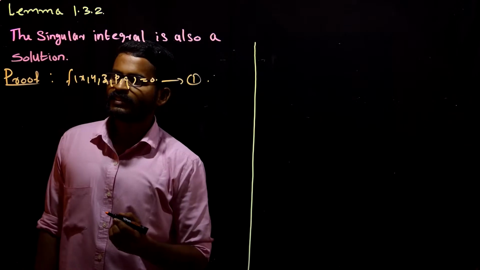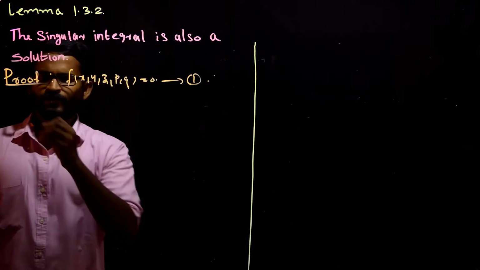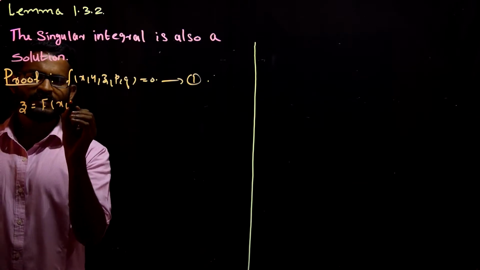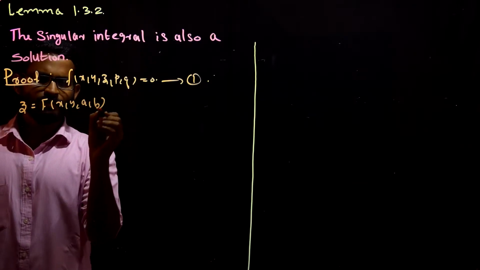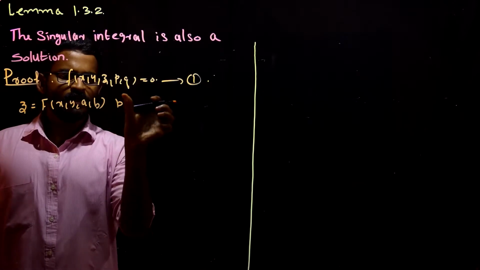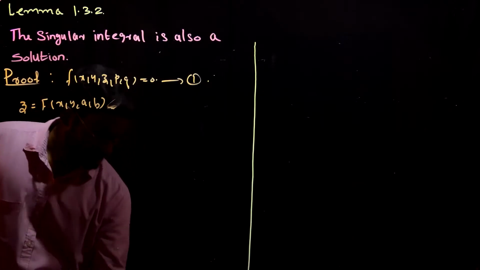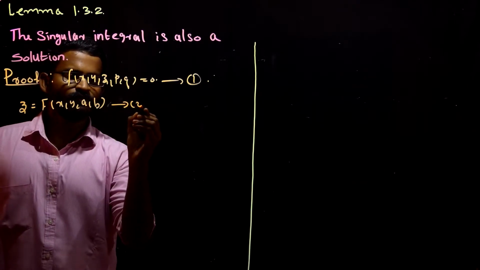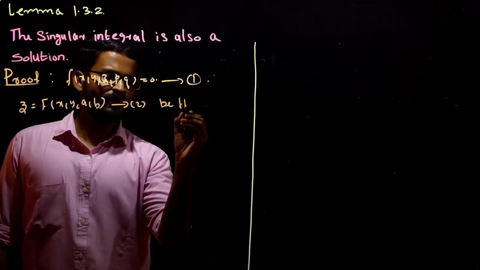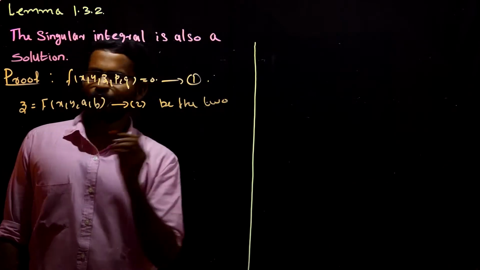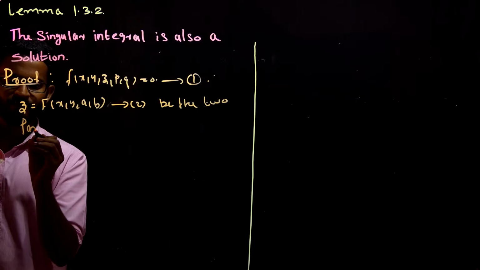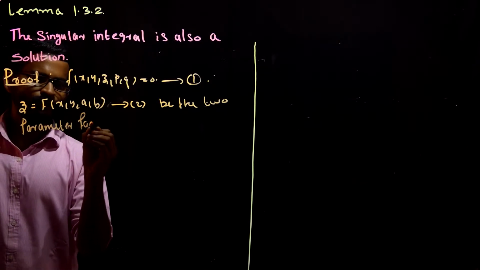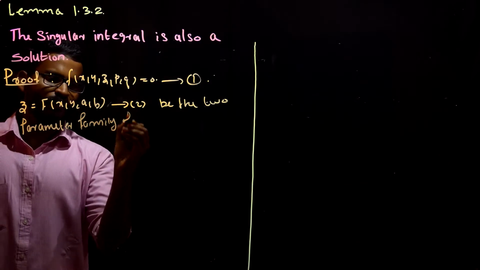And now we consider the two parameter family of solution, z is equal to capital F of x, y, a, b, and mark it as equation number 2, the two parameter family of solution.